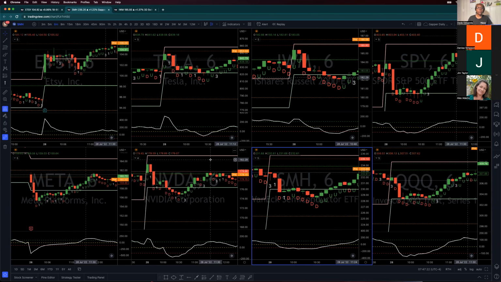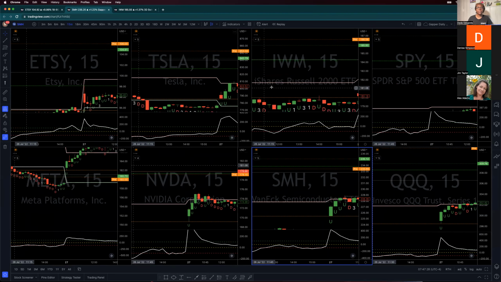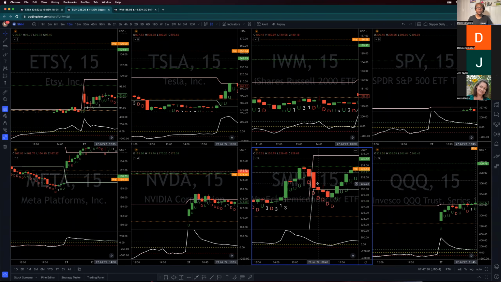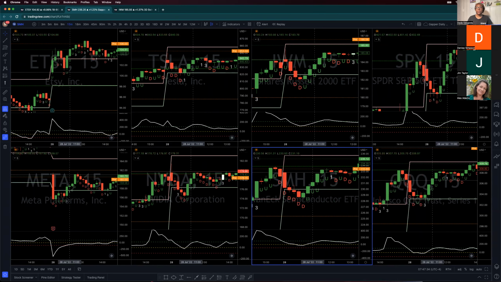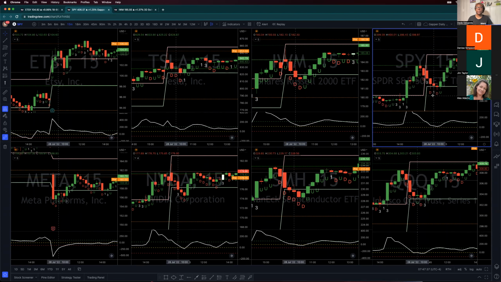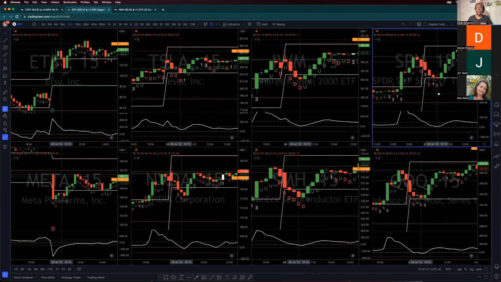Okay. And so now we're going to flip over to a longer time frame. I want you to see this now on the 15-minute, and the difference and what that looks like. So remember, SPY was a 3, 2 down. No, it was a 2 up, 2 down, 2 down continuation.